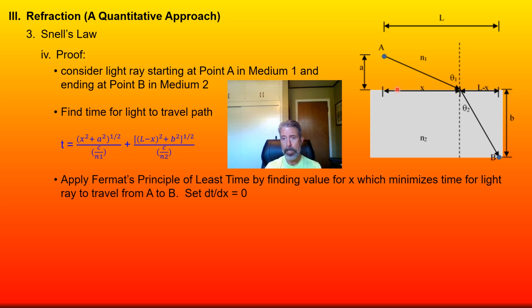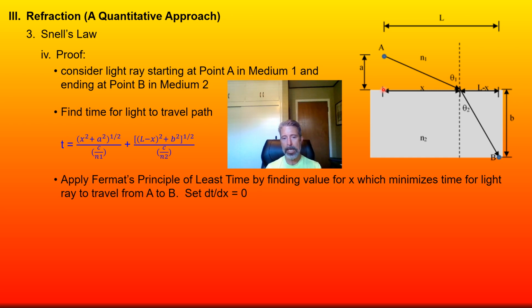So our variable here, x, which we couldn't express in terms of theta, when we look at the relationship between the time of travel and this variable x, we want to set that derivative of time with respect to x equal to 0, in which case we know that when we solve that equation and find our value for x, that will be the value corresponding to the minimum value of time, right?